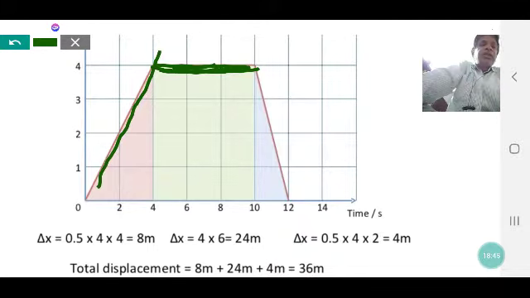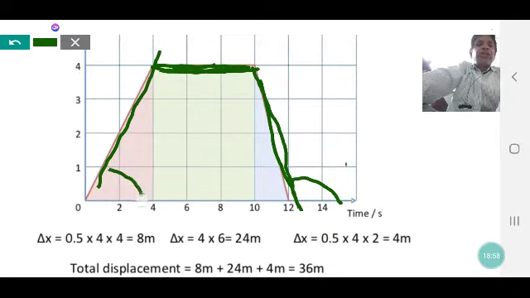In the next 10 to 12 seconds the velocity decreases uniformly. That is also a straight line, but the inclination of the line is an obtuse angle. This angle is an obtuse angle, this angle is an acute angle.